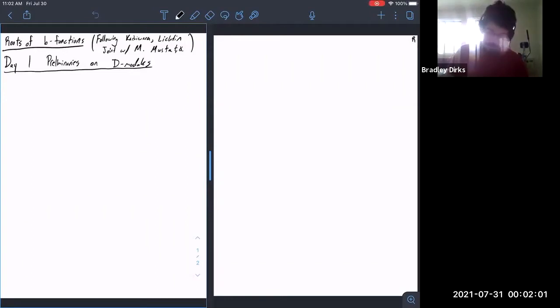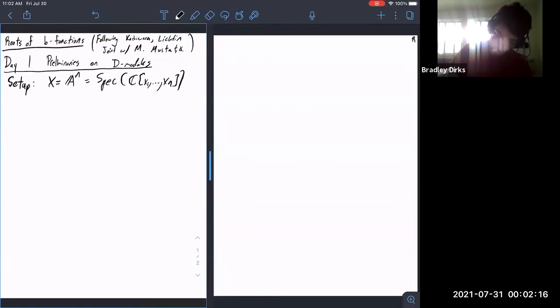Okay, here's the setup. I'm going to let X be A^n, the affine space, with some chosen coordinates x1 up to xn. You could think of X as any smooth complex variety. I'll let D be the Weyl algebra.